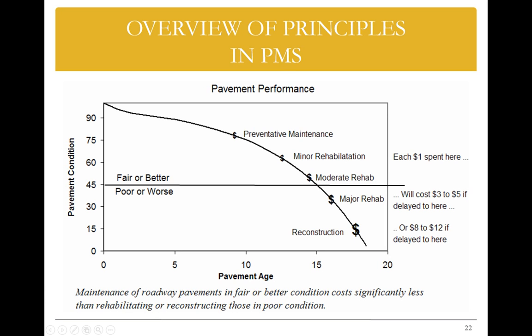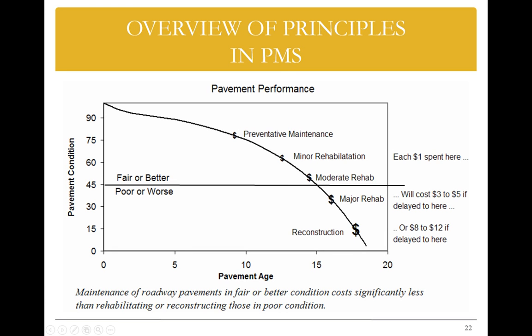For example, if the pavement condition is still high, say around 75% of the initial condition, then we can still apply some minimal preventive maintenance.